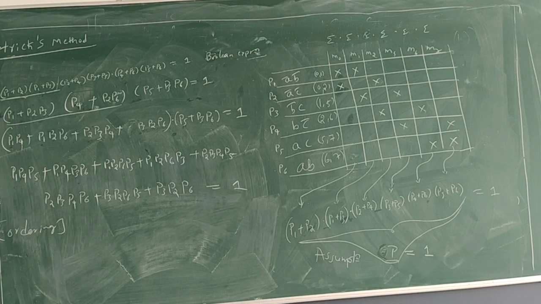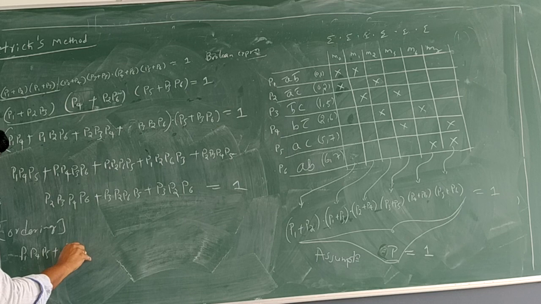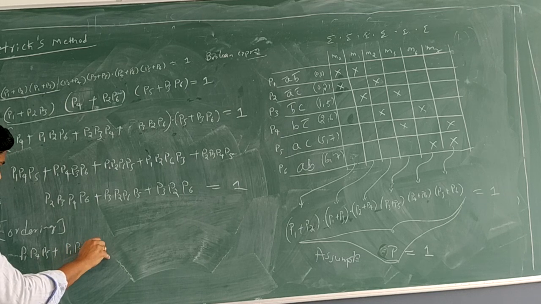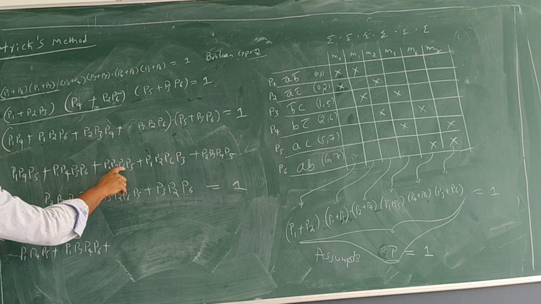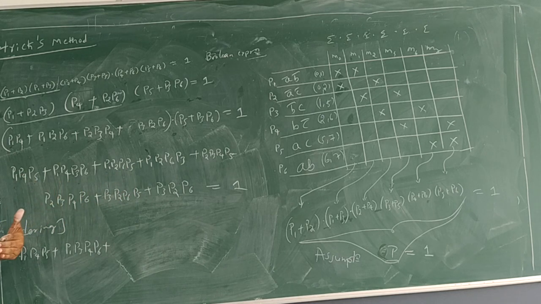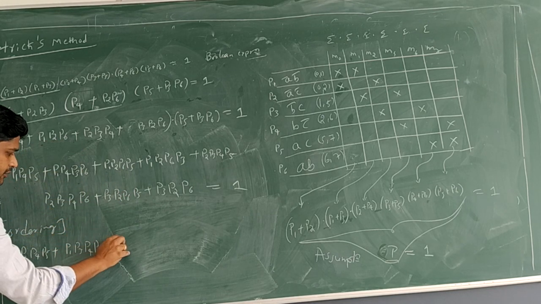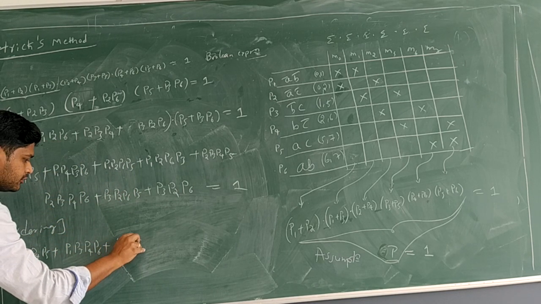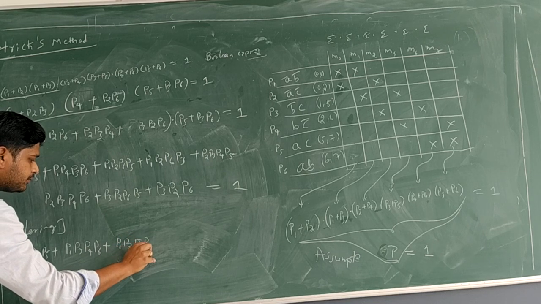in good order. See, 1 4 5, P1 P4 P5 plus 1 4 3 6, which is a good order, 1 3 4 6, P1 P3 P4 P6. Next 1 2 6 5, which is a good order, 1 2 5 6, P1 P2 P5 P6.